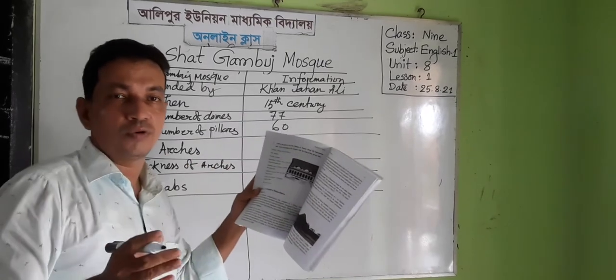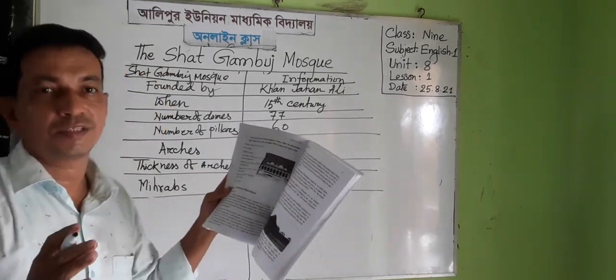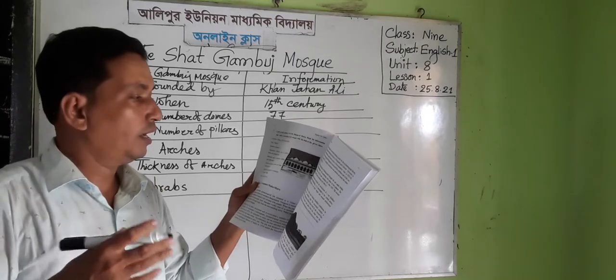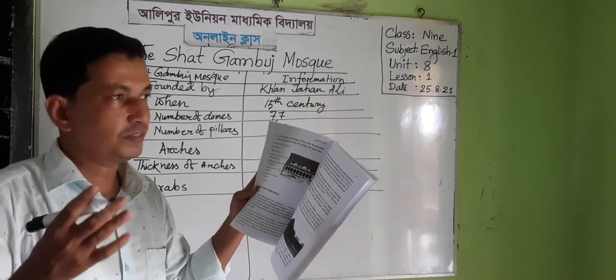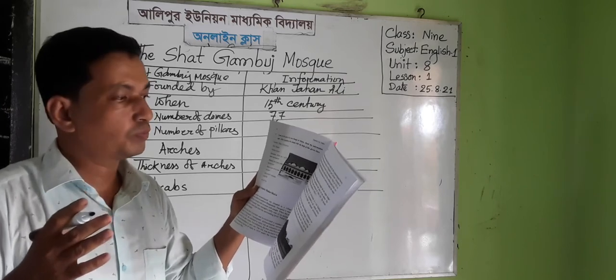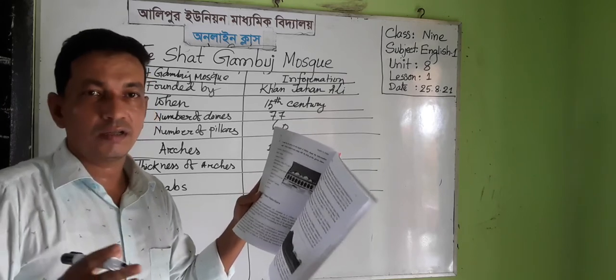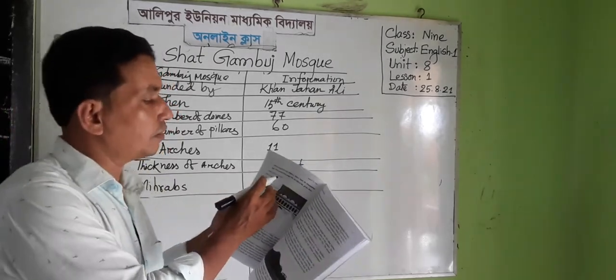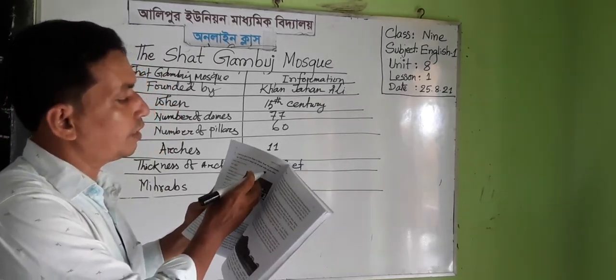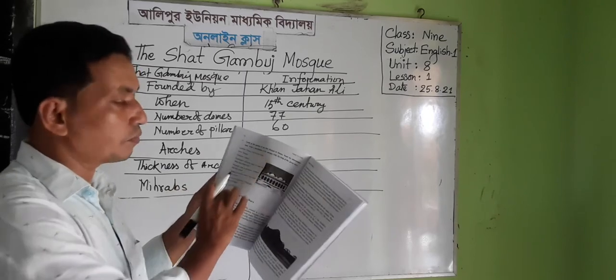Who built this mosque, when it was built, and what kind of color, what is used to build the mosque actually. And write a description of the mosque with the help of the given clues.